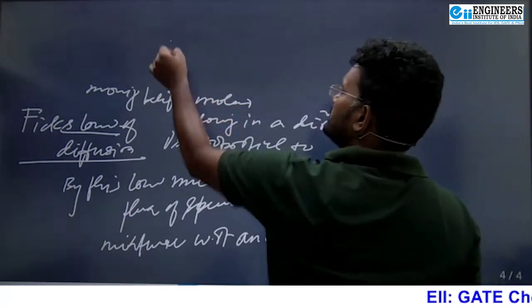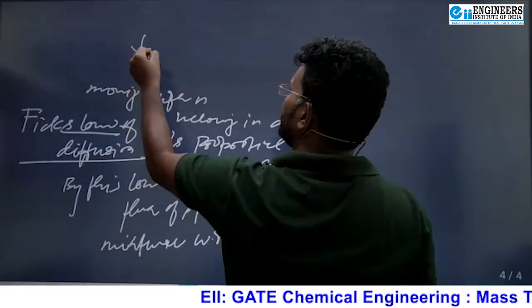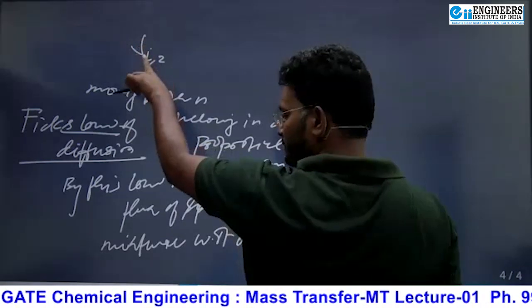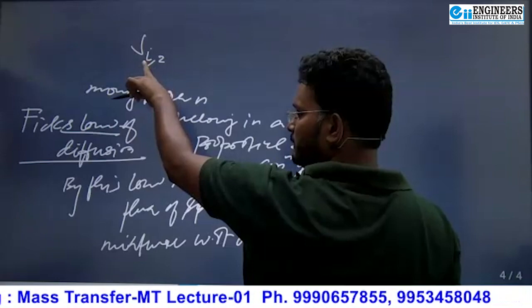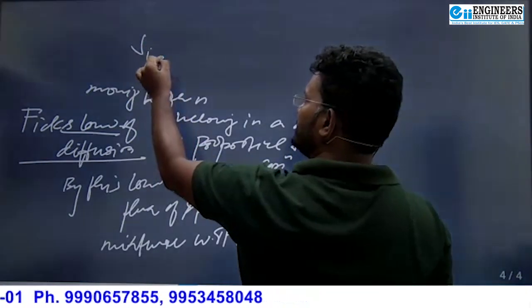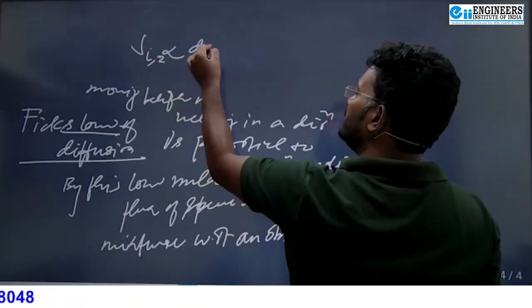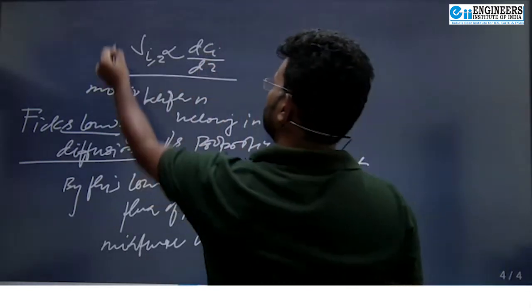It means J_iz, the molar flux of species i with respect to a moving reference frame moving with the molar average velocity, in the z direction, is proportional to dCi upon dz, the concentration gradient in that direction.